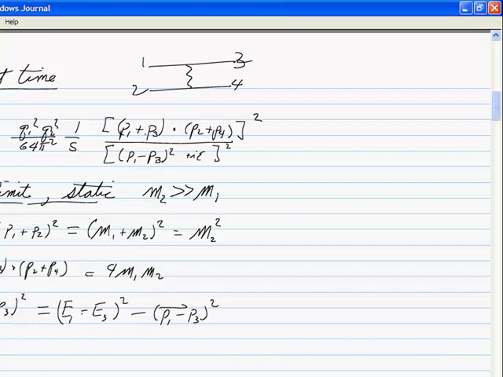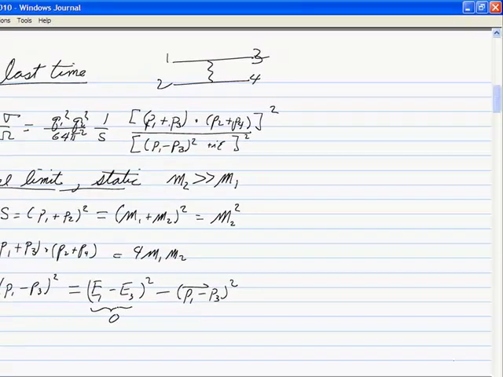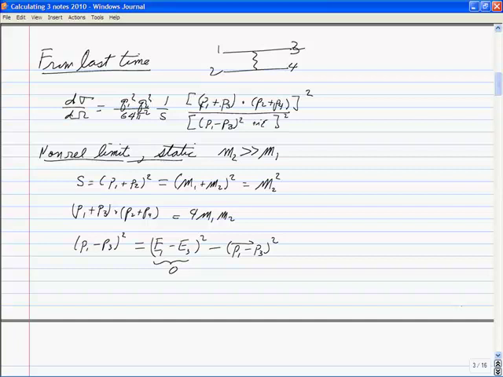The first guy in this limit is equal to 0. You can either do it by saying it's dominated by the mass, and so each of these energies is just mc squared, and so they cancel, and then corrections are of order p squared. When you square that, it's of order p to the fourth. Or you can do it a little bit more physically just by thinking if there's no recoil, the electron energy coming in is the electron energy going out, so it's the same. So this guy disappears in our static limit.